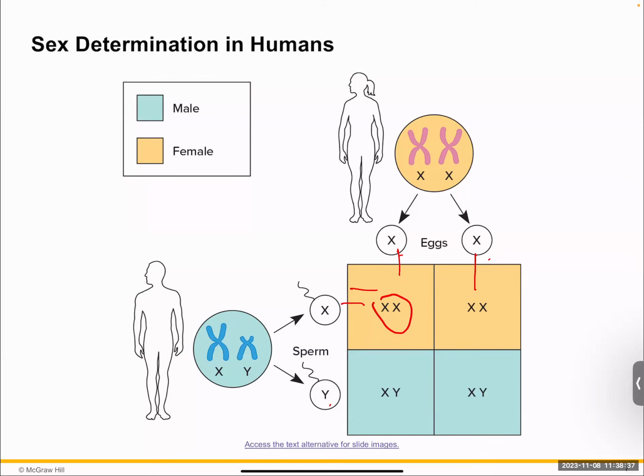Same here, that's also an XX, which makes that a female. So again, that's a 50% chance. And on the bottom, you see that the male is contributing a Y chromosome instead of the X, making the two bottom images a male in terms of the sex of the offspring.